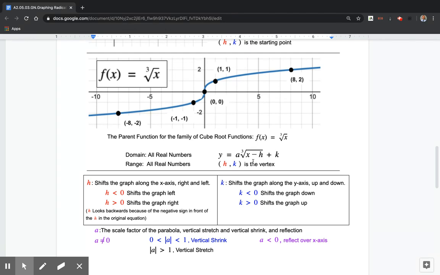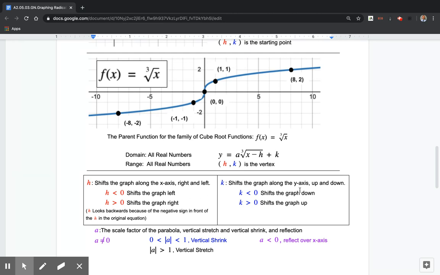That's why it looks backwards. We substituted in a negative, but really when we look at it in the graph, it'll be positive, and we'll see some more examples of that later. If h is greater than 0, the graph shifts to the right. And then there's the note: h looks backwards because of the negative sign in front of the h in the original equation.